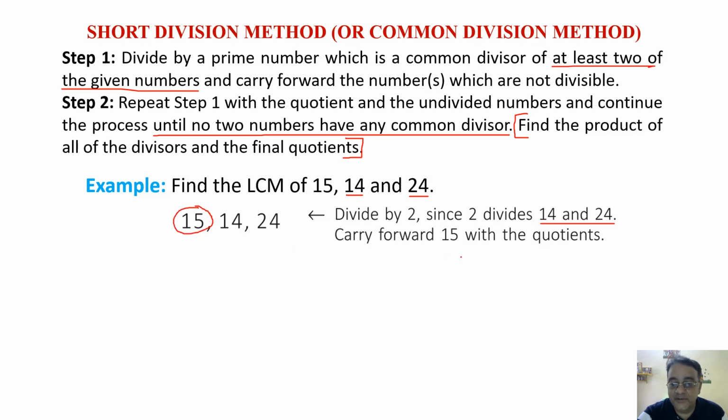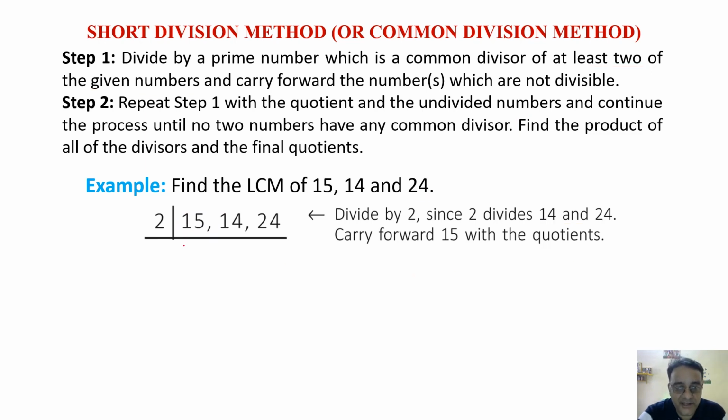You have to carry forward 15 with the quotients because 15 is not divisible by 2. So this is 7 and this will become 12.